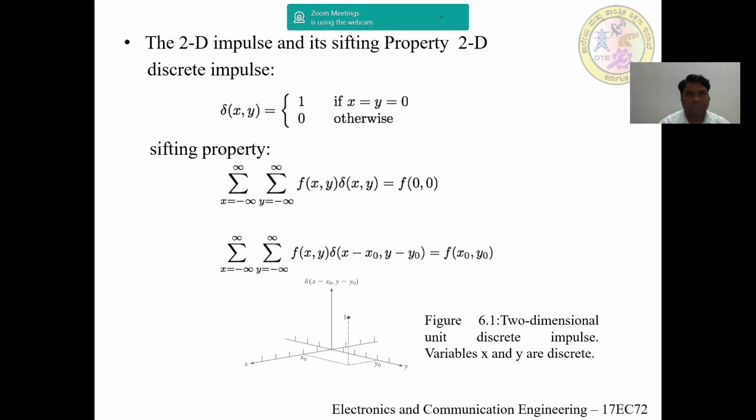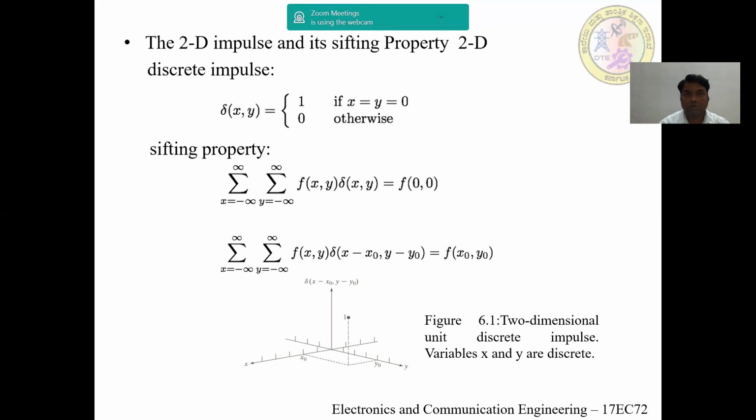The 2D impulse and its shifting property. The 2D discrete impulse is given by the equation delta of x comma y is equal to 1 if x is equal to y is equal to 0, otherwise 0. That is, everywhere the impulse function value is 0 except at the origin, that is, except at x is equal to 0, y is equal to 0.